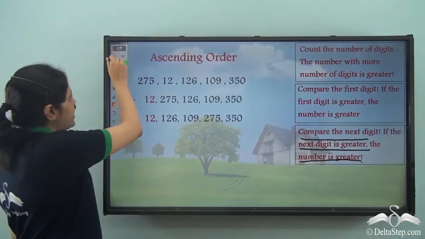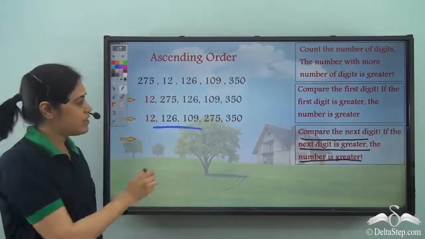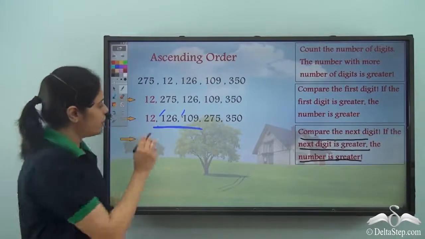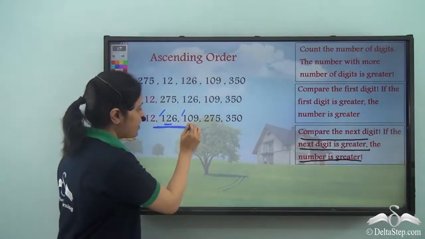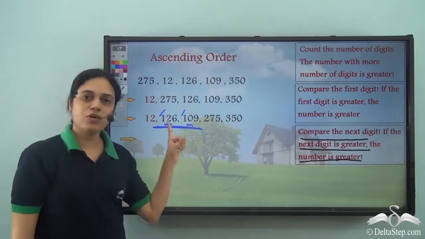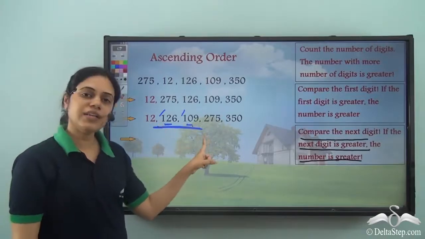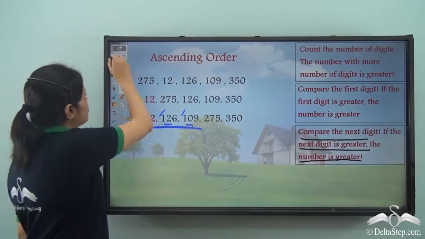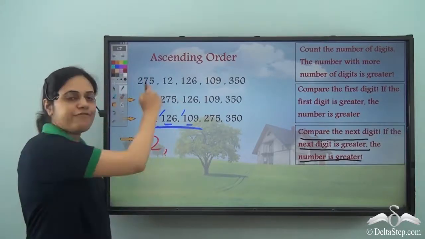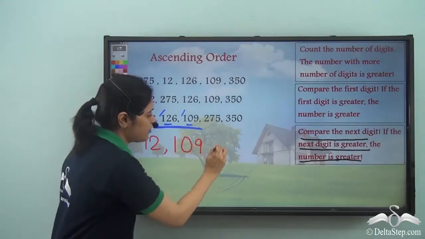So in this case, if I take these two numbers, 1 is the same in both the cases. Now I have 2 here and I have 0 here. So between 2 and 0, 2 is bigger. So 126 is bigger than 109. So 109 will come before 126 because it is less than 126.